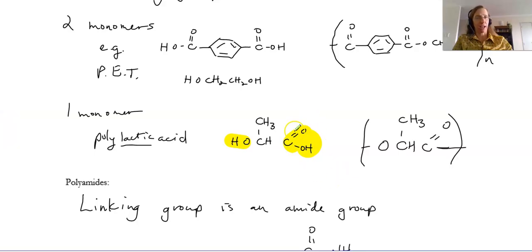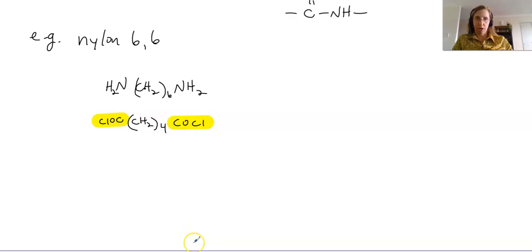If you wrote an acid chloride instead of one of these acids, they should both be acid chloride. And like condensation reactions we saw before, always a hydrogen and a Cl are lost to make a small molecule: HCl lost when it's an acid chloride. When it's an acid, it would be water.